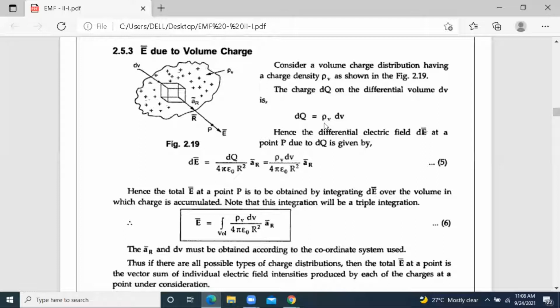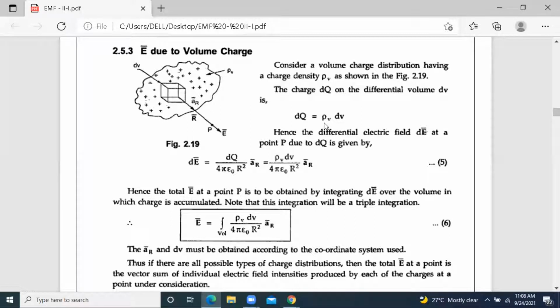where rho v is the charge density, right? So rho v is that volume charge density, and dV is your differential volume.